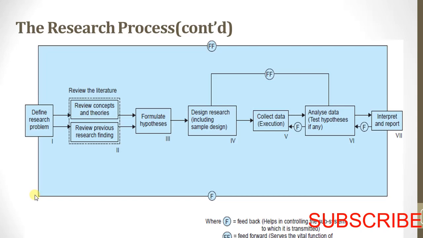Fourth step, research design, including sample design, where feedback helps control the subsystems to which it is transmitted, where F indicates feedback. Fifth, collecting data.